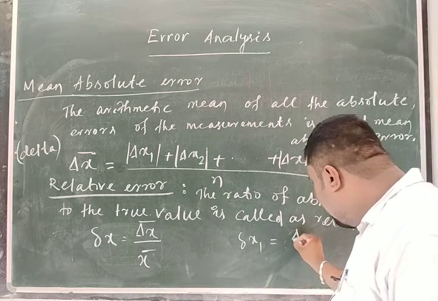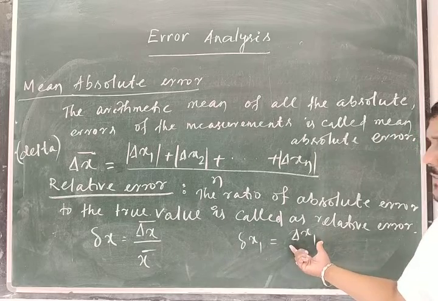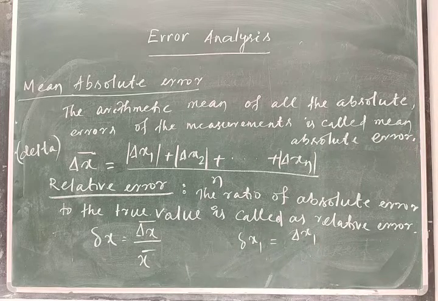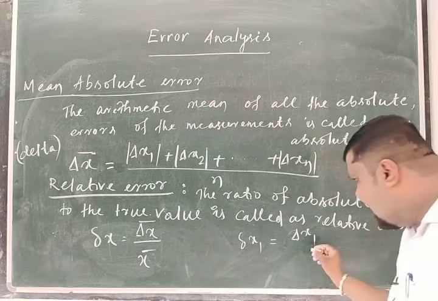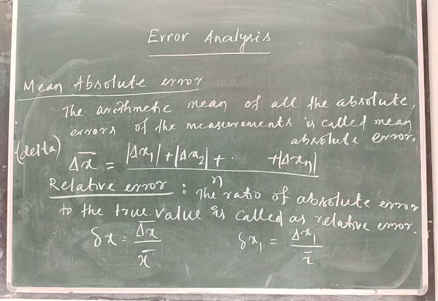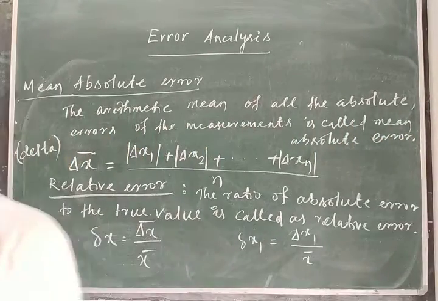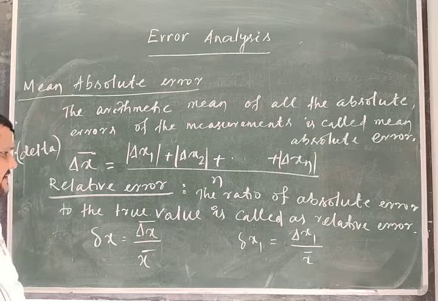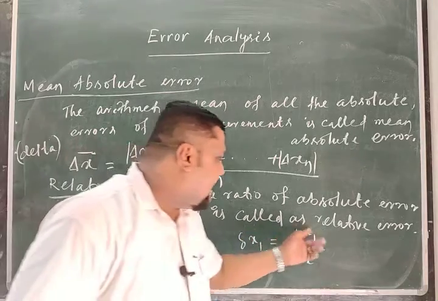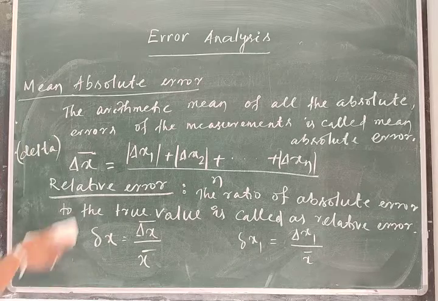That is equal to delta x1, the absolute error in the first observation, divided by the true value, x bar. So this is the relative error in the first observation. Second means delta x2 by x bar. Similarly, we will calculate this relative error.